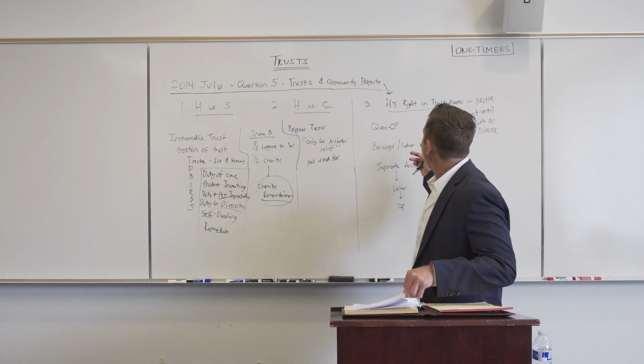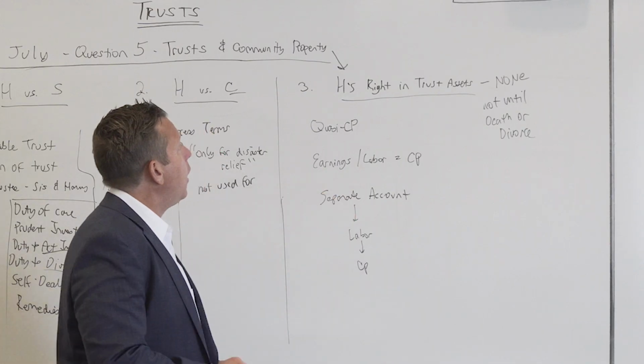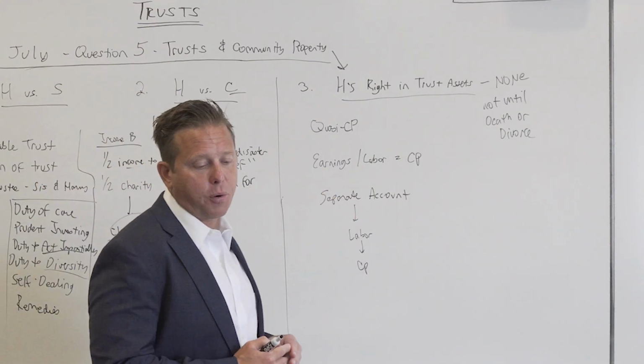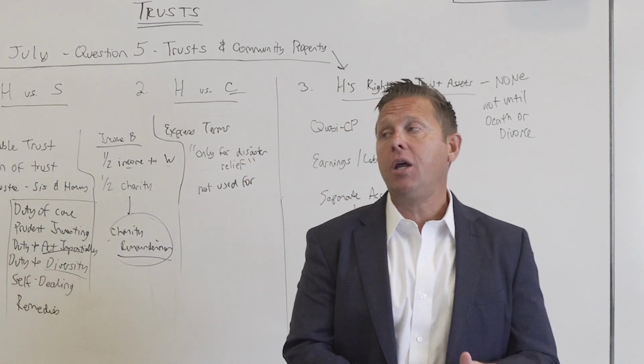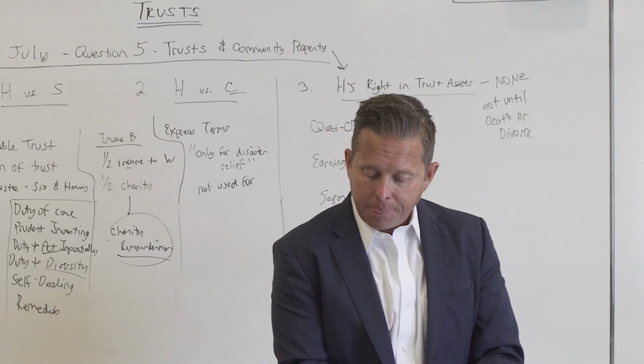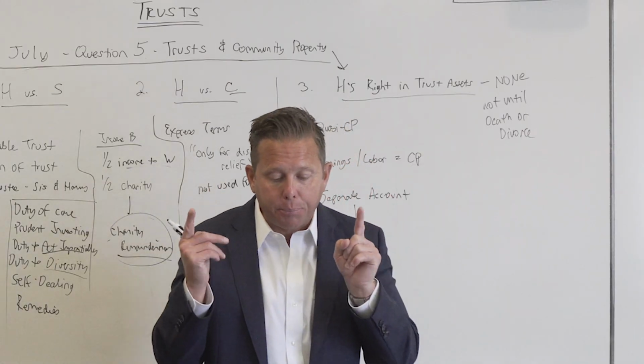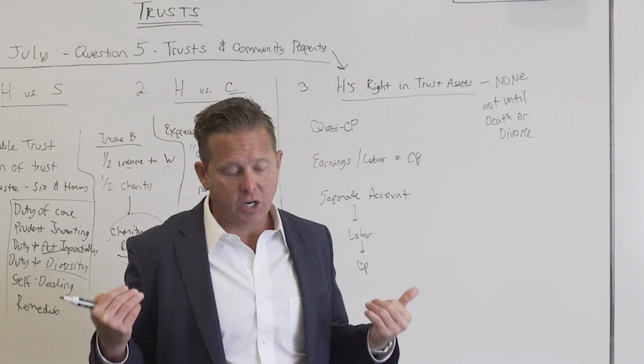And finally, number three is the quasi-community property rights. So quasi-community property is property that would have been community property had the couple been domiciled in California. But during marriage, quasi-community property is treated like separate property for purposes of management and control.